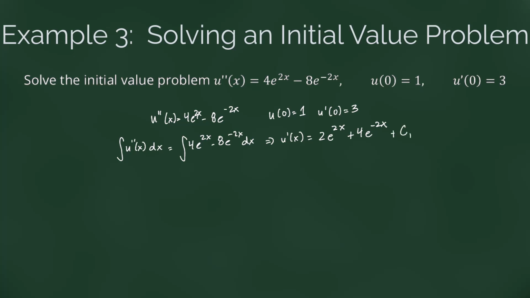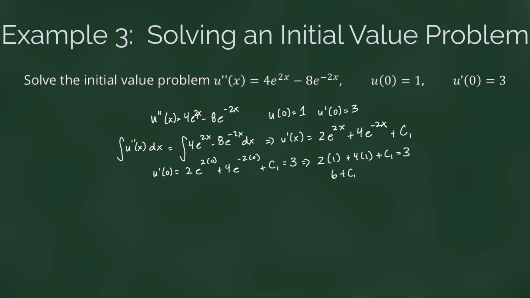However, we know that u prime of 0 must be 2 times e to the 2 times 0 plus 4e to the negative 2 times 0 plus c1, and that is equal to 3. That tells us that 2 times e to the 0, which is 1, plus 4 times e to the 0, which is again 1, plus c times 1, or plus c1, is equal to 3.